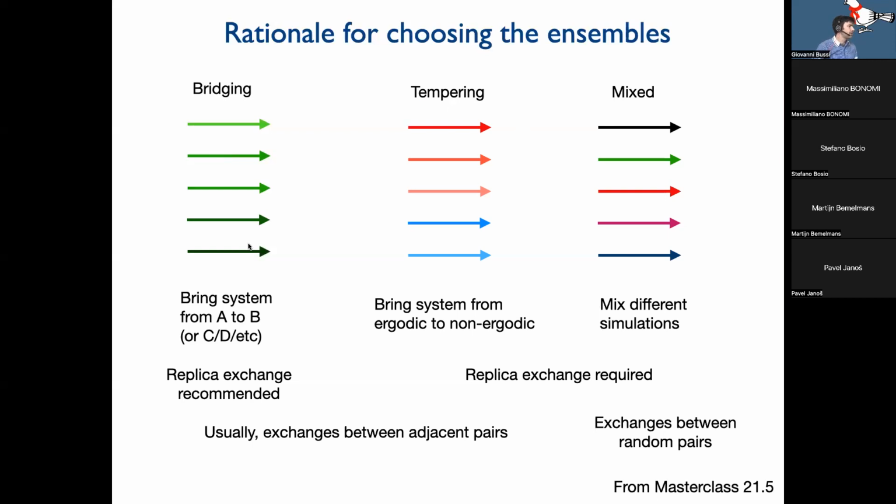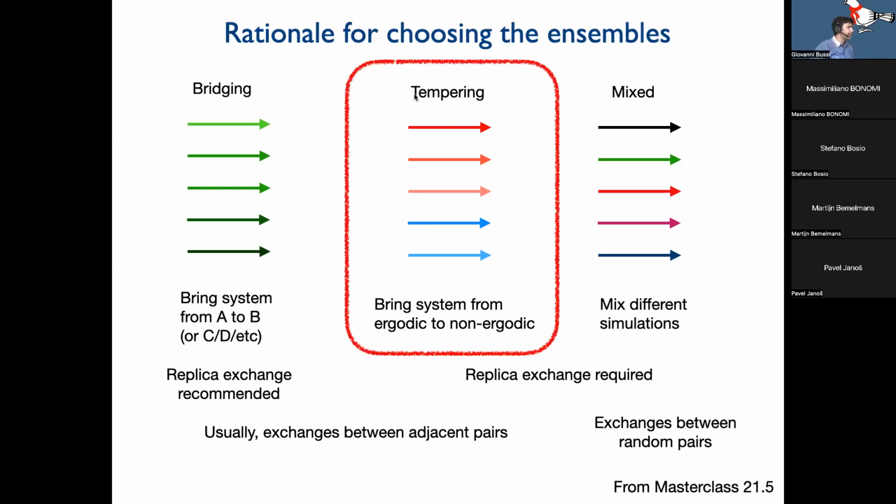When you bridge between two states, you are interested in the first state and the last one, and then you add in the middle as many states as you need. Typically, you only try to do exchanges of coordinates between neighboring replicas because non-neighboring replicas would lead to too low an acceptance. The same is true for tempering, whereas here typically you can exchange in a random manner.